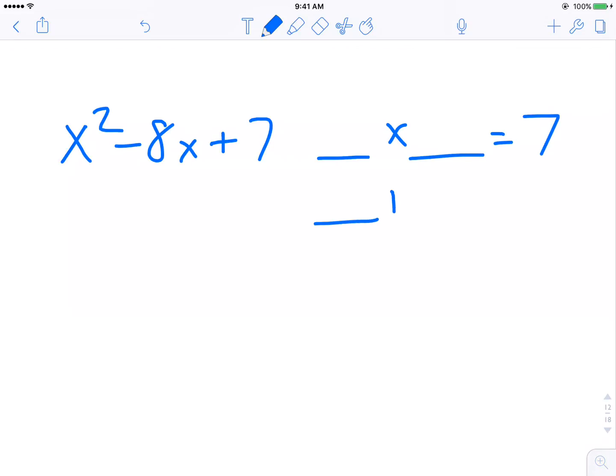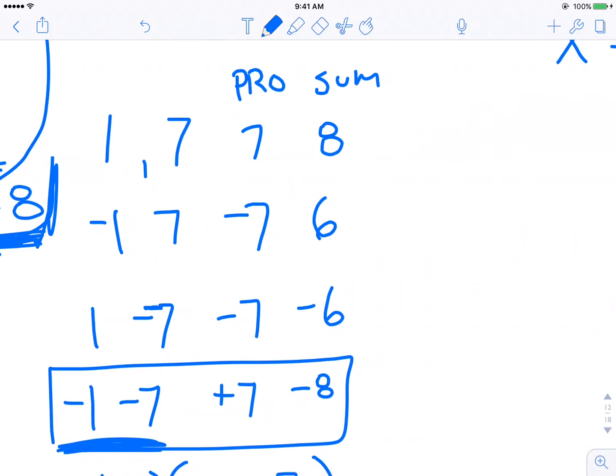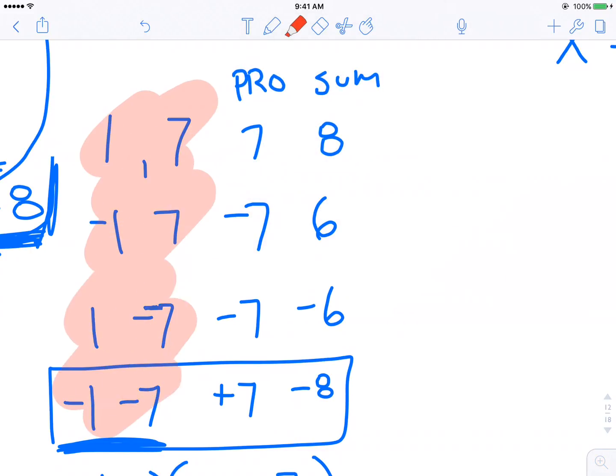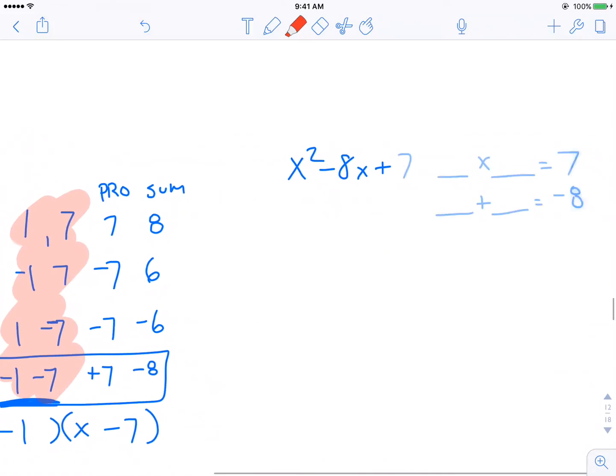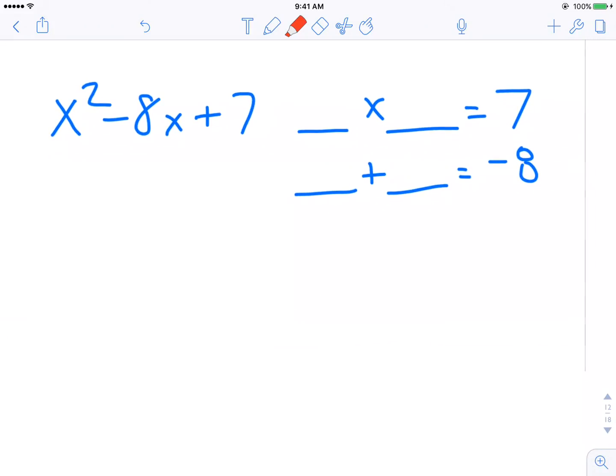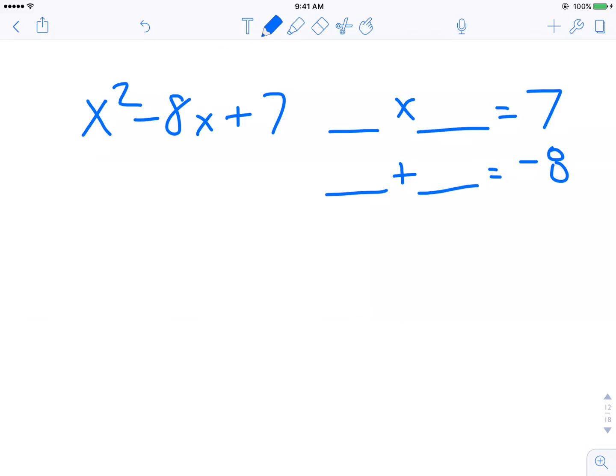Those same two numbers have to add together to give me negative 8. And I go through all these combinations in my head. So this is where knowing some of your multiplication tables and knowing how to figure out factors of numbers, because that's what we kind of worked on, factors of 7, okay? So I play with those numbers in my head.